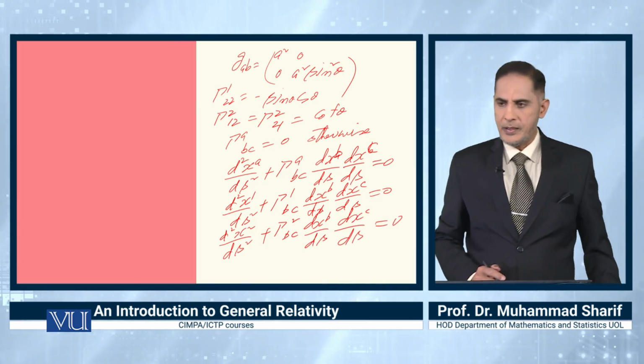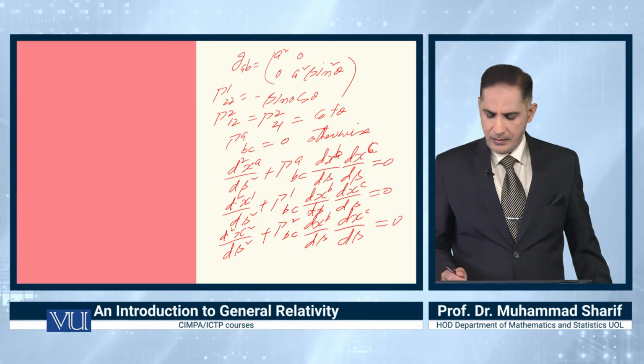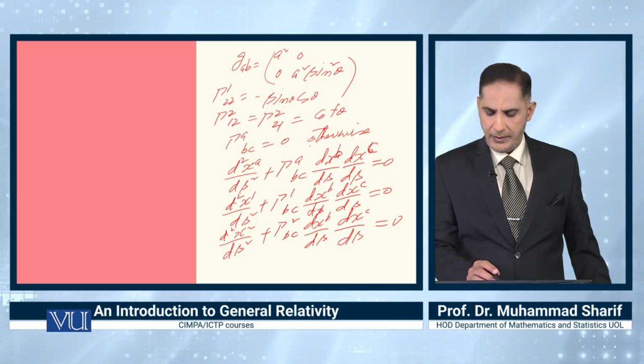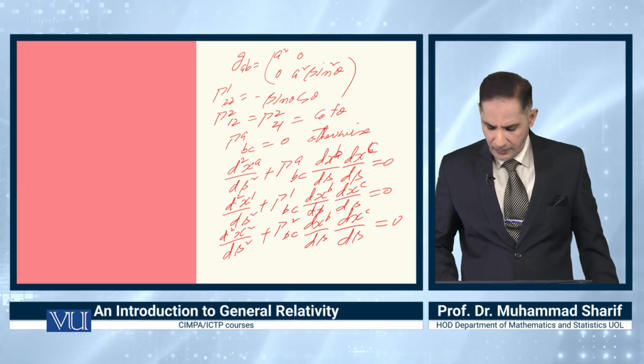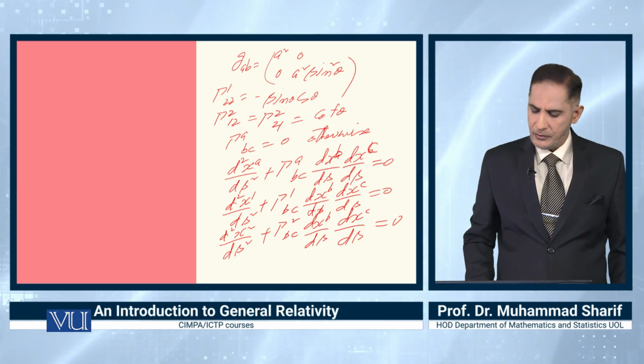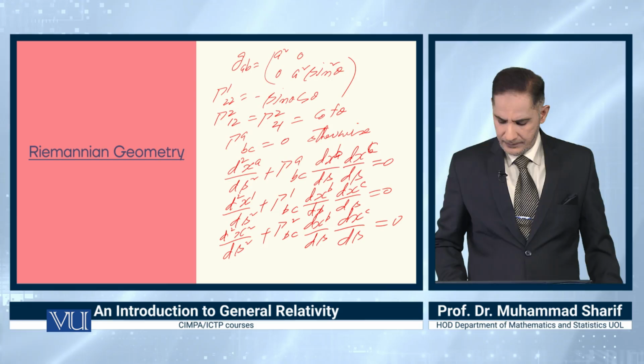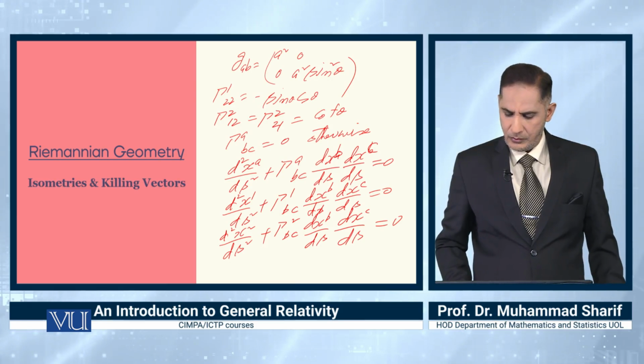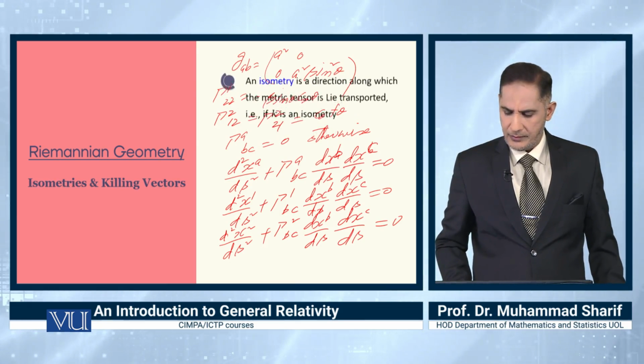Now we know that the non-zero values of the Christoffel symbol are here, so we can accordingly set these values. We just write down only those components which have non-zero values.